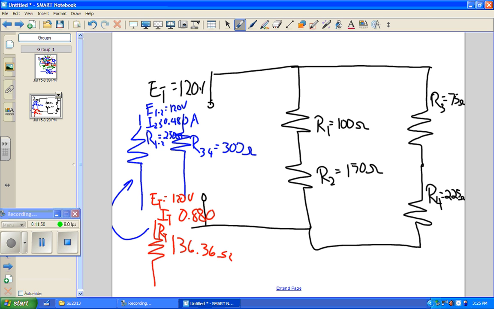Now, on our right side, we have 300 ohms. So let's look at our current over here. We have the voltage is the same over here, E34. It's still 120 volts. So we're going to divide that by 300.